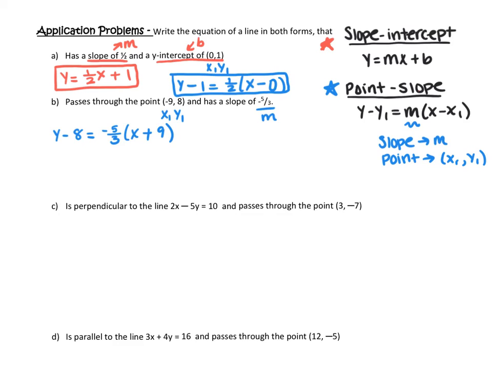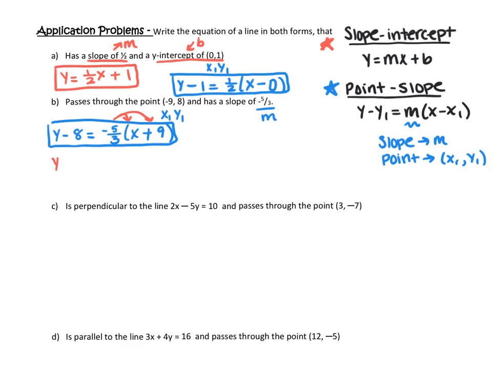That is our point slope answer, and we can go into slope intercept from this equation. So let me just box this so we know that that is the final answer. And then how we're going to go into slope intercept form is by distributing and adding the 8. So let's distribute.